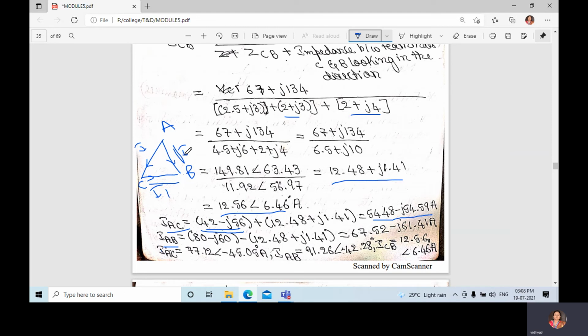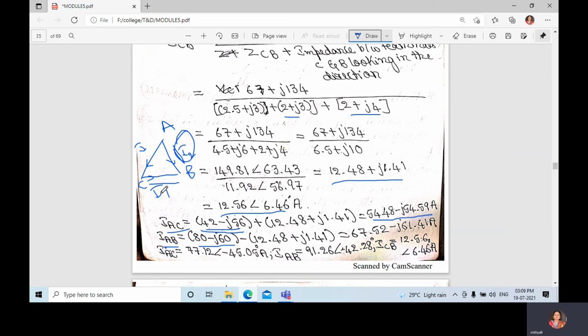Then here I2 is there, so here 80 minus j60, minus, we don't know, from here to here it is flowing.